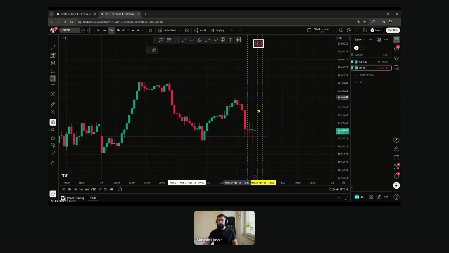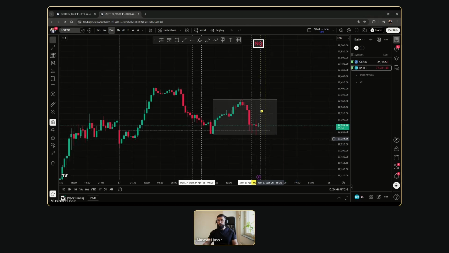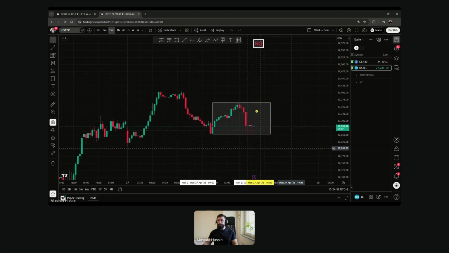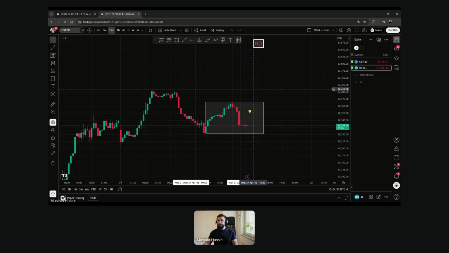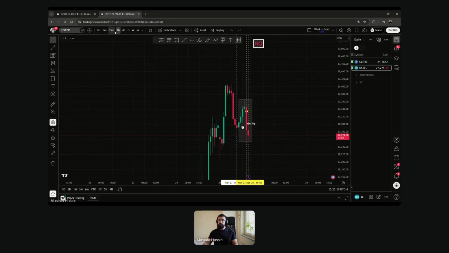So I'm marking out the high and the low of the overnight range, and this might just continue to the downside. Also marking out this 15-minute liquidity to see what the market is doing.